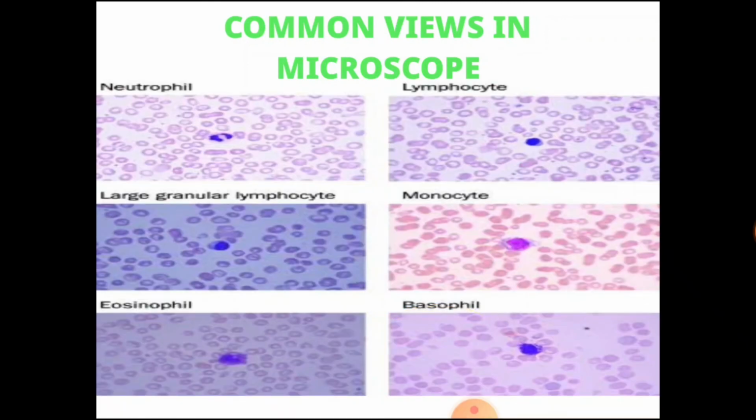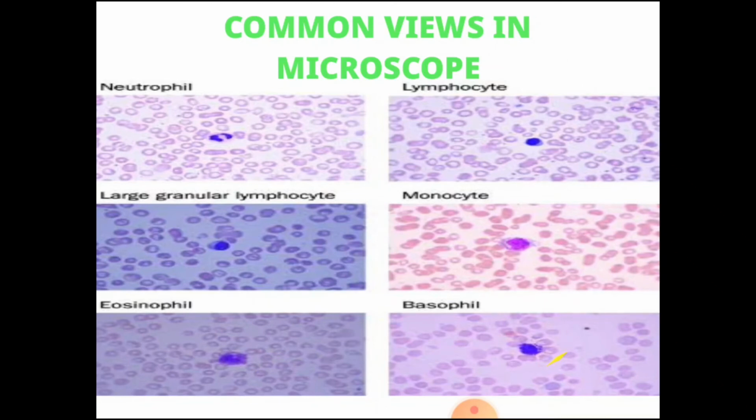Now when you use the high power lens, the picture looks like this. This one is a neutrophil, a trilobed neutrophil. This one is a large granular lymphocyte. This one has a spectacle shaped nucleus, an eosinophil with brick red coarse granules.